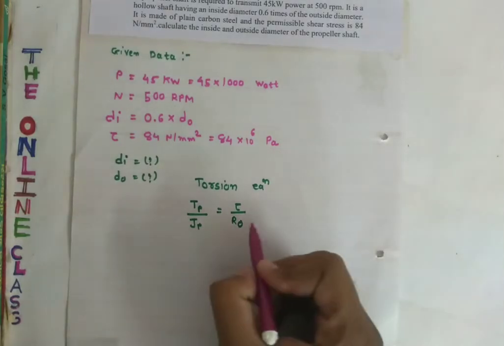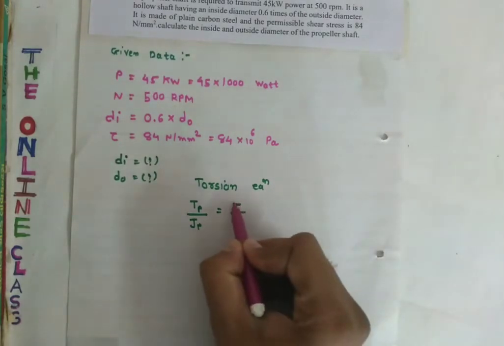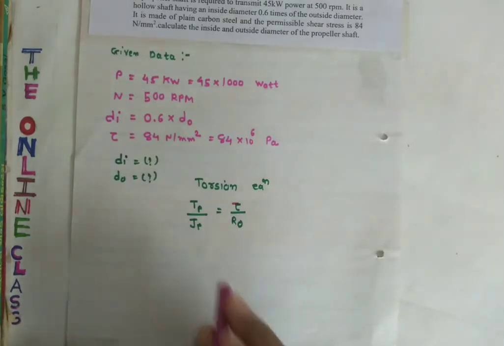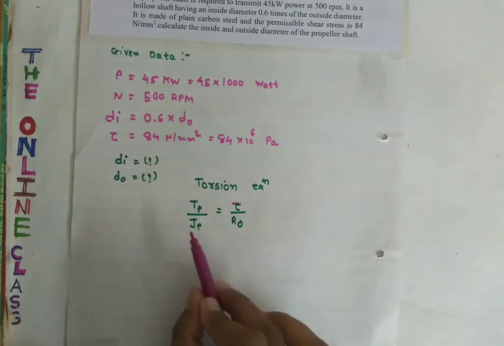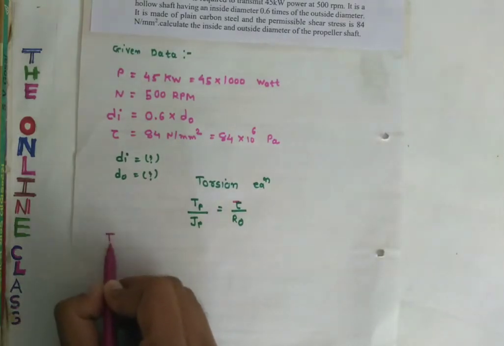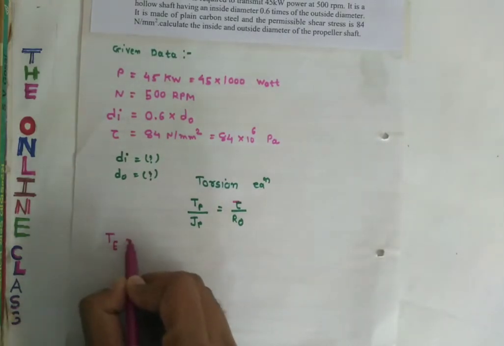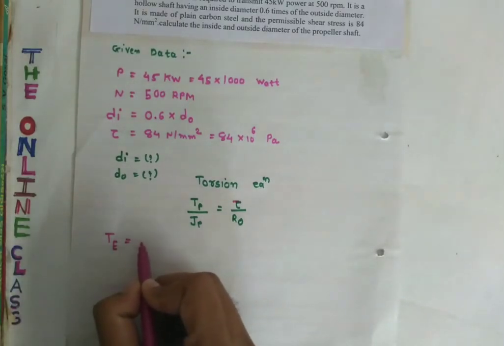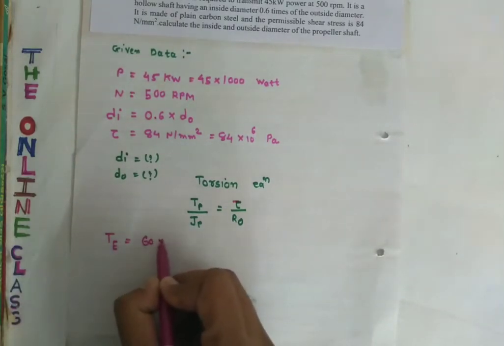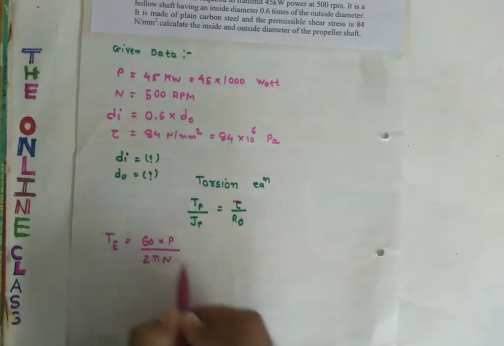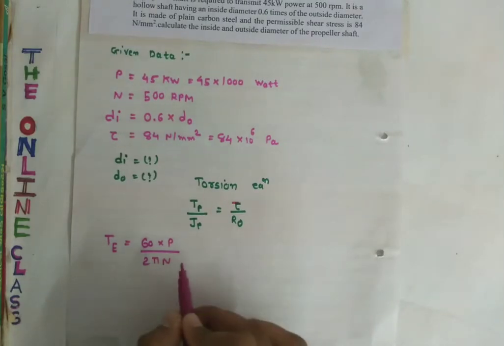This equation we know. For finding out TP we have to find the engine torque TE. TE is equal to 60 into P divided by 2 pi N. I write the direct equation.